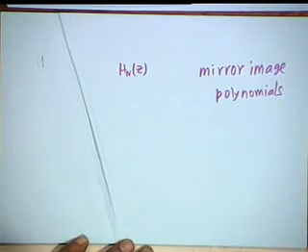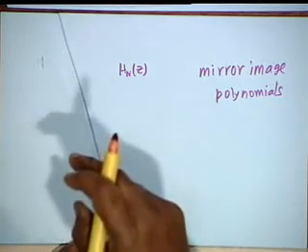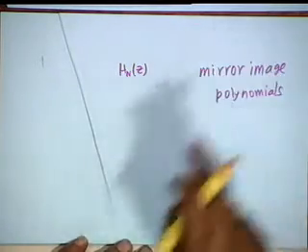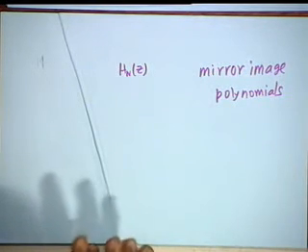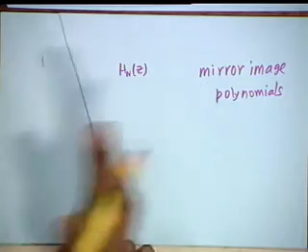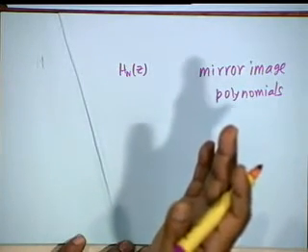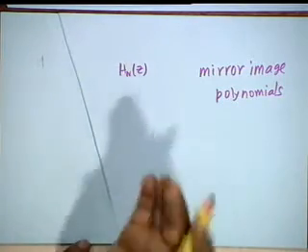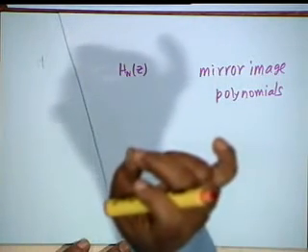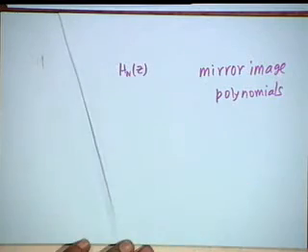What kind of a mirror is it? If z0 after reflection gets to 1 by z0, what kind of a mirror is it? Obviously not a plane mirror. If it was a plane mirror, then the distances should have been equal, right? So it's a convex or concave mirror?